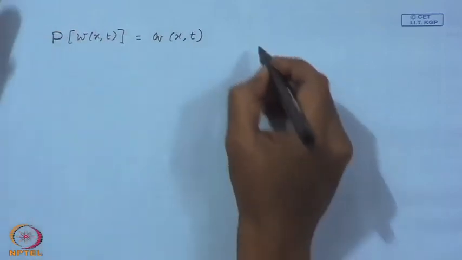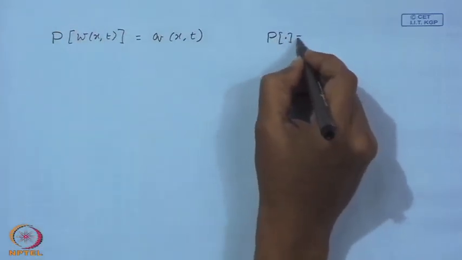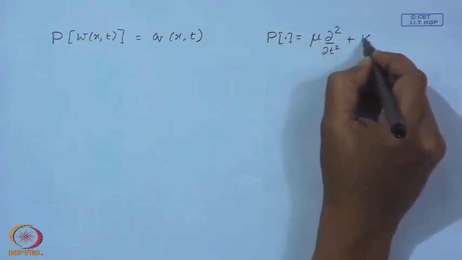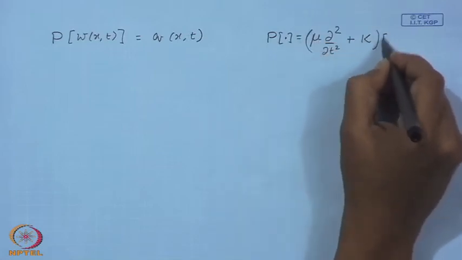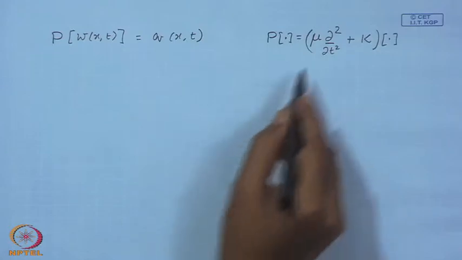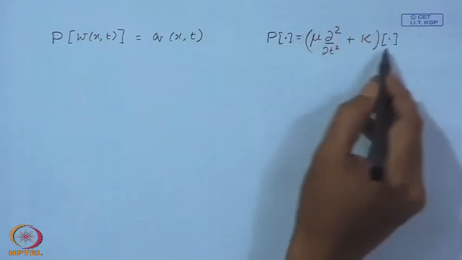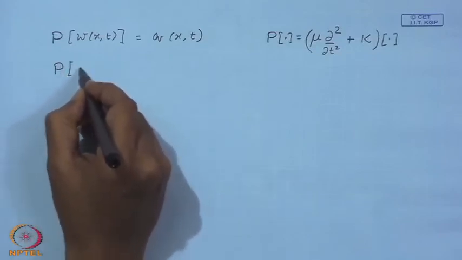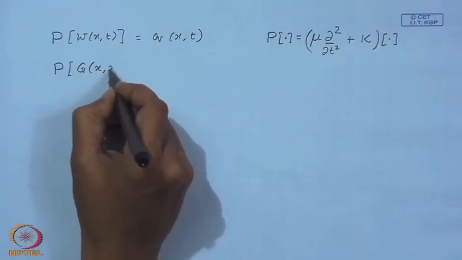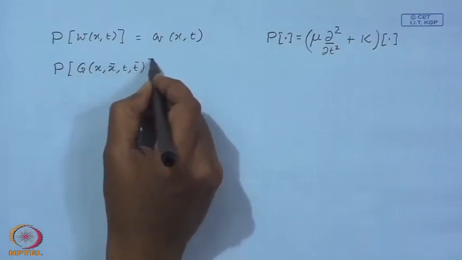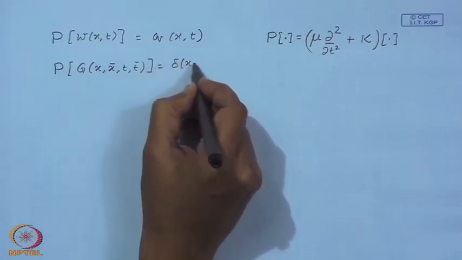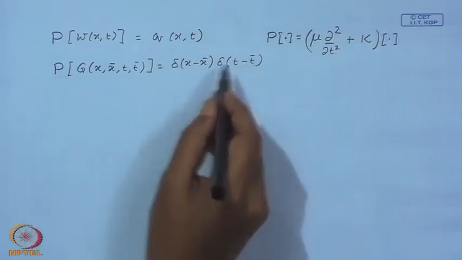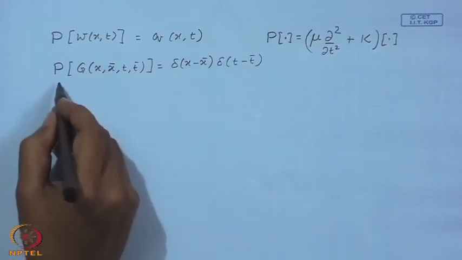This is our problem, where I am representing this full operator using P. Now, what we do is we are actually solving this problem first, with of course those homogeneous boundary conditions and 0 initial conditions.